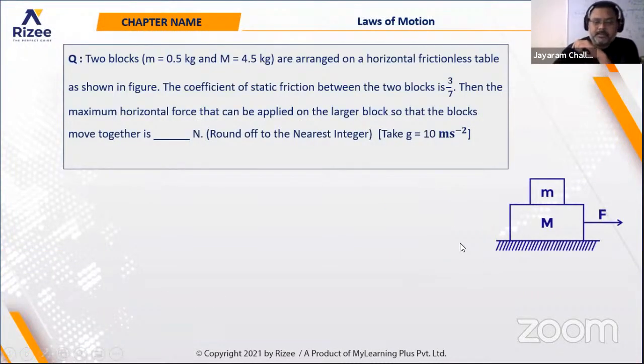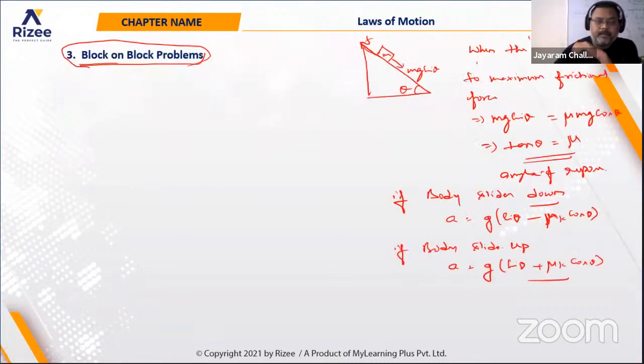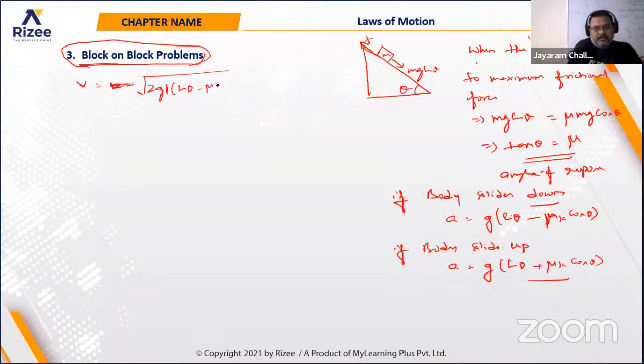Velocity can be calculated considering the initial velocity u to be 0. So v is equal to root over 2gl of sine theta minus mu cos theta when it is sliding down. Similarly, when it is moving up, the sign will be converted.